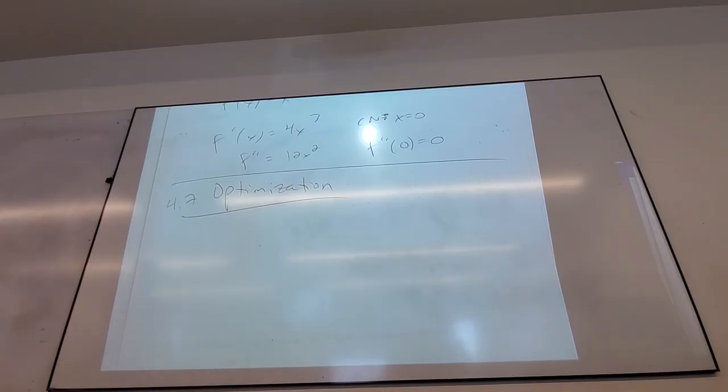It makes sense that long and skinny is not a good way to set up a garden. You're going to use a lot of fencing to get nowhere near as much area. And if you go the other way and make it long and skinny this way, that also doesn't work. So the best thing is right in the middle, which is to make a square. If you ever have a four-sided figure and you want to maximize the area, you make it a square.